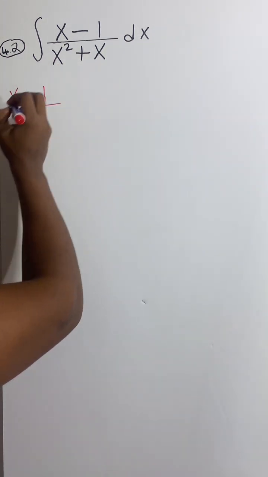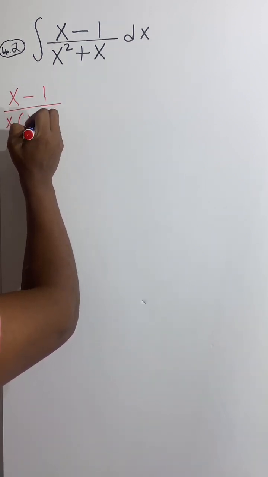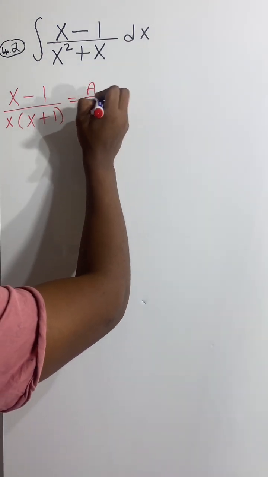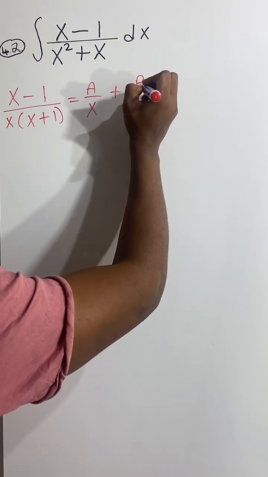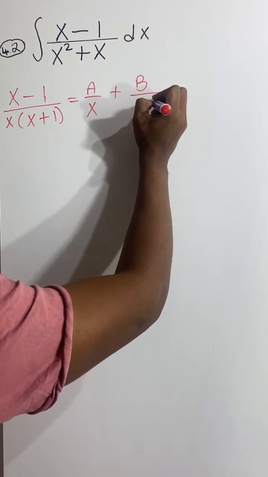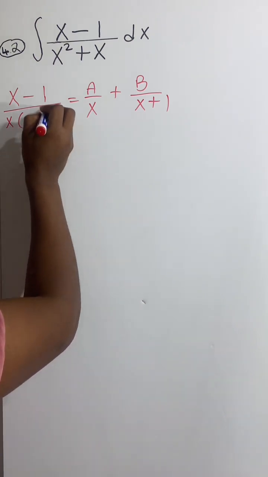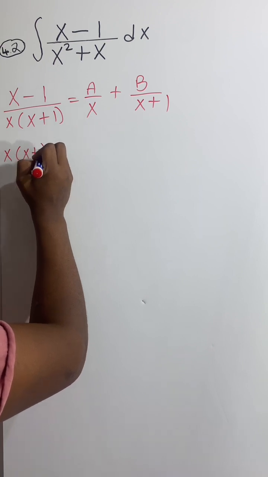So we take x as our common factor in the denominator. This will be equal to a over x plus b over x plus 1. We multiply both sides by that denominator, x multiplied by x plus 1.